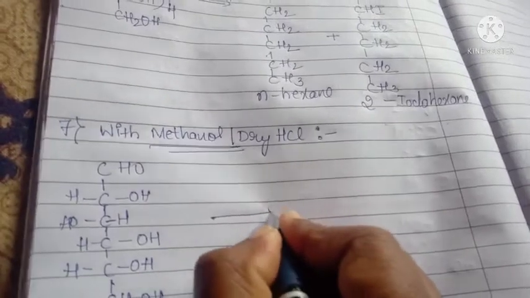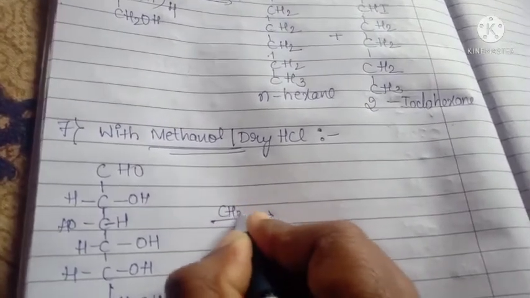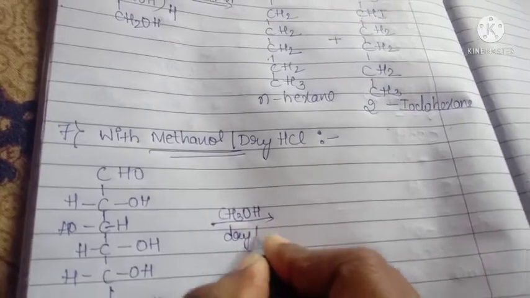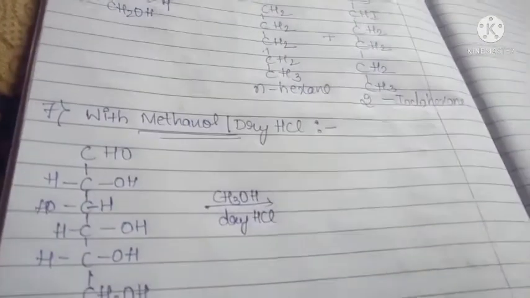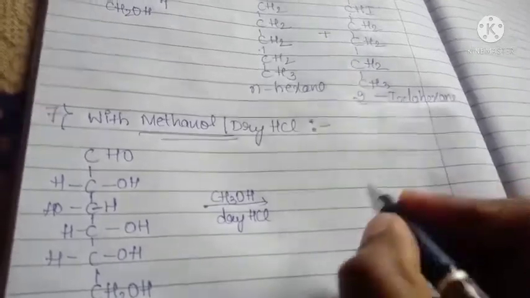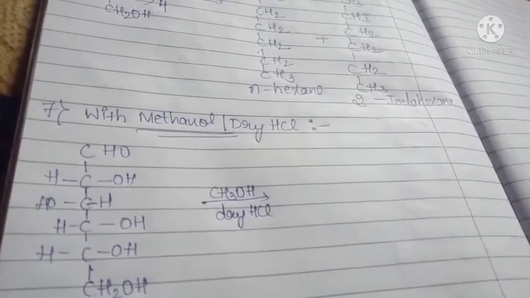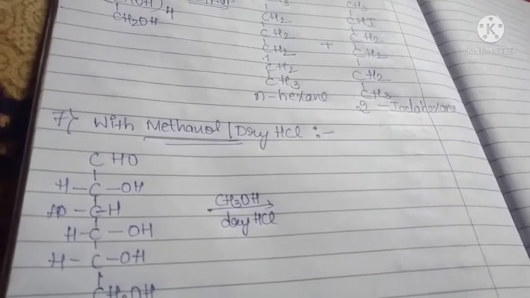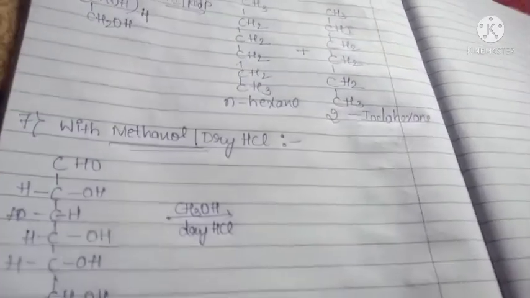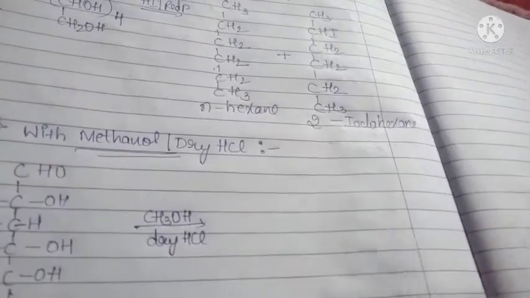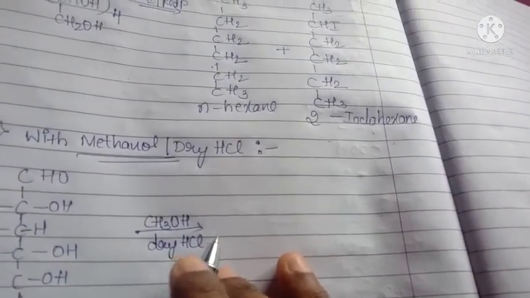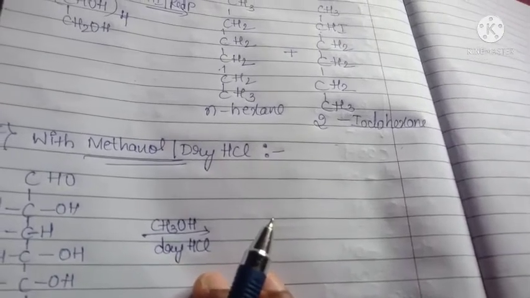Okay, this is then methanol, meaning CH3OH, or dry HCl. CH3OH with dry HCl: methyl alpha-D-glucoside or methyl beta-D-glucoside is formed. What is methyl alpha-D-glucose? It is not the formation of glucose, it is a glucoside.